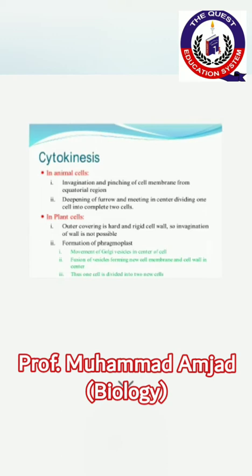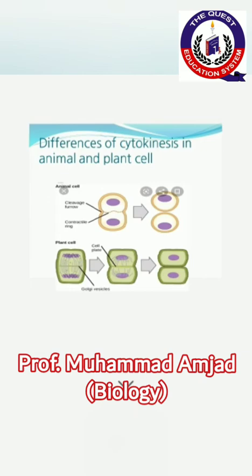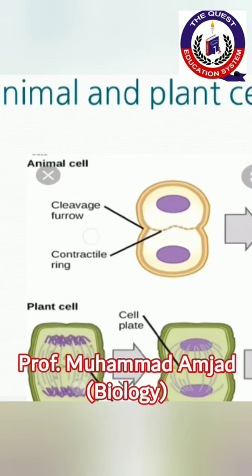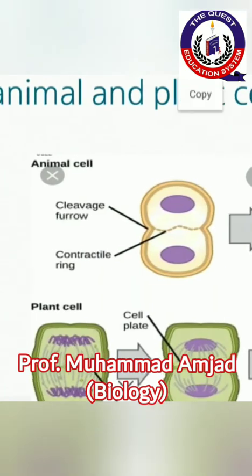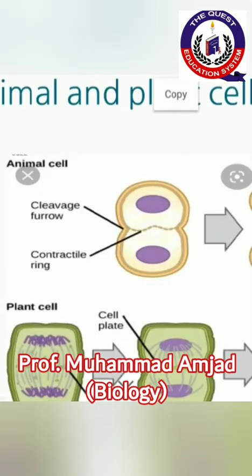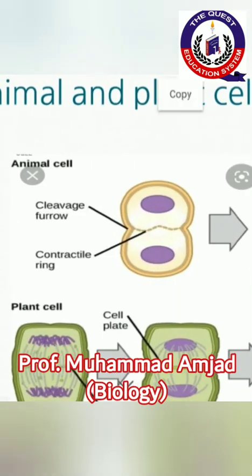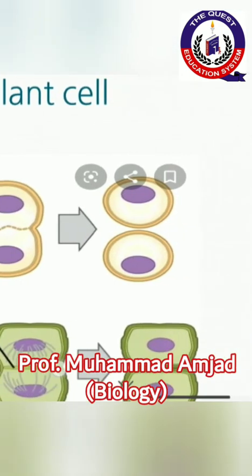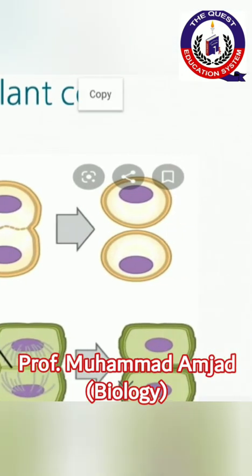So due to this reason, there is the formation of the phragmoplast. The phragmoplast is basically formed by the deposition of special structures which are called Golgi vesicles. These Golgi vesicles fuse together and form the central cell plate, and after that, one cell is completely divided into two cells.